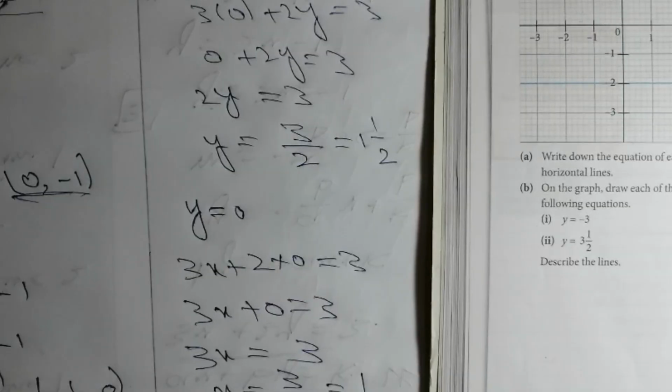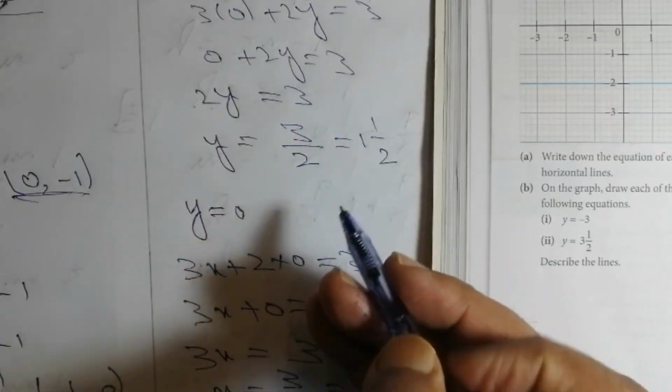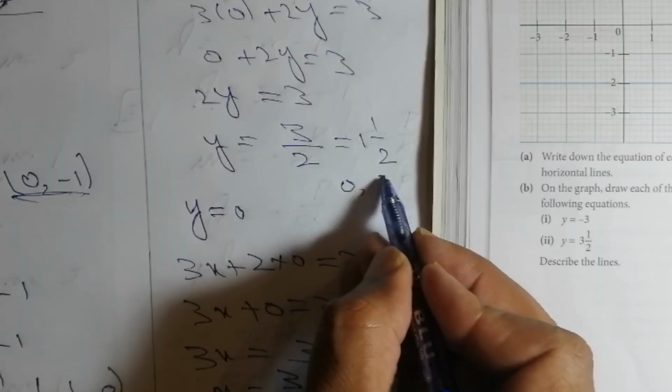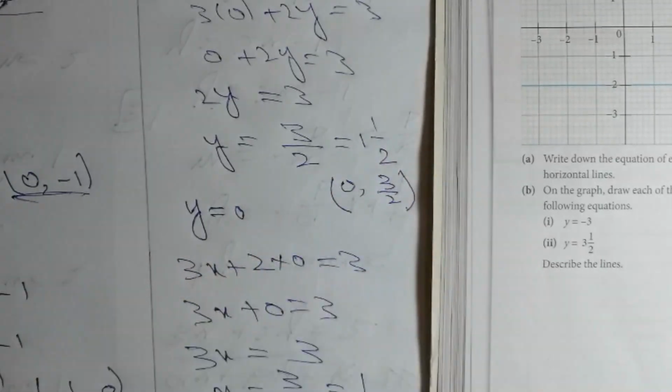So one point is 1 and 0. The other point we already found: x is 0 and y is 3 by 2, or 1 and a half.